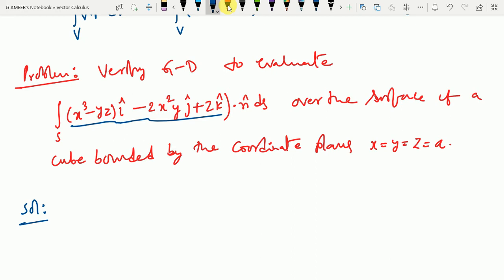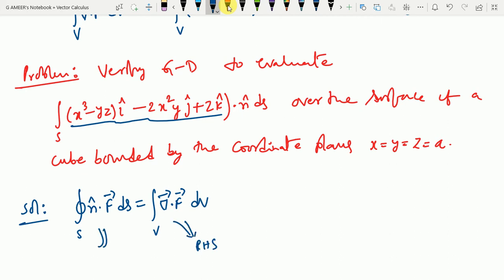We have the Gauss divergence theorem: the closed surface integration of F dot n cap dS will be equal to the volume integration of divergence of F dV. The RHS we need to do separately, the LHS separately, just like we did in the first problem. So we need to prove here that the LHS is the same as the RHS.